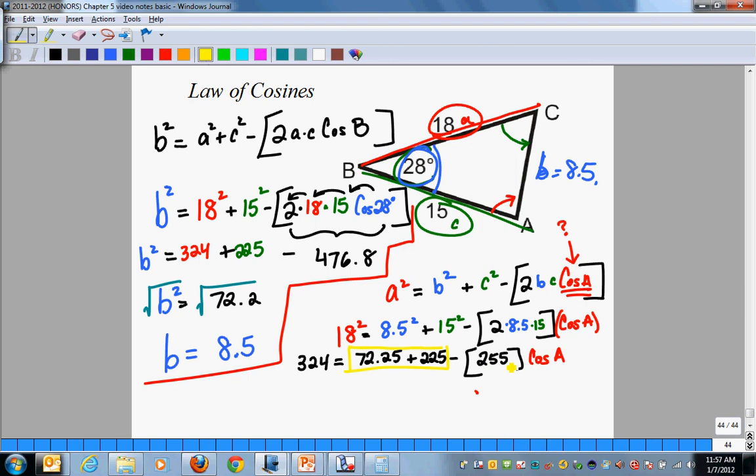Be very careful. Do not minus 255 because 255 is attached right here, it's attached by multiplication to cosine of A.